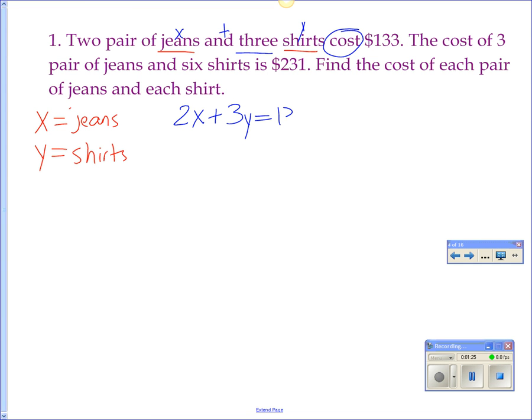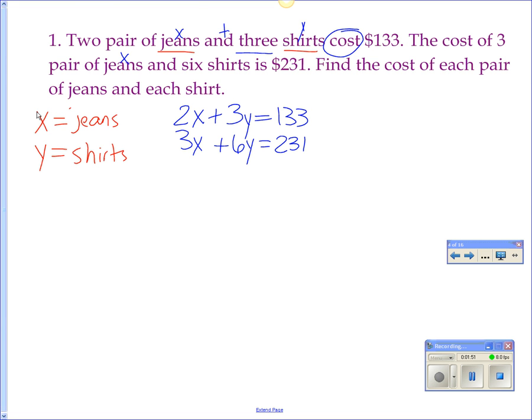Equals 133. So that's my first equation. My second equation is 3x, because jeans is x, plus 6, shirts is y, equals 231.